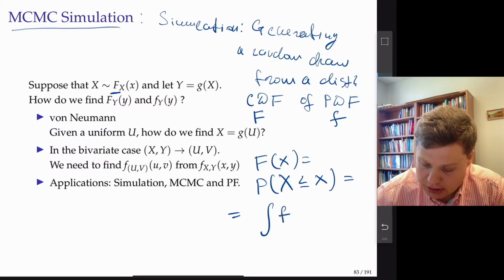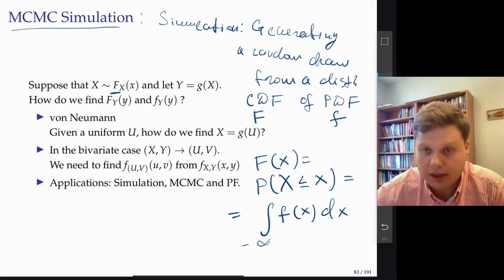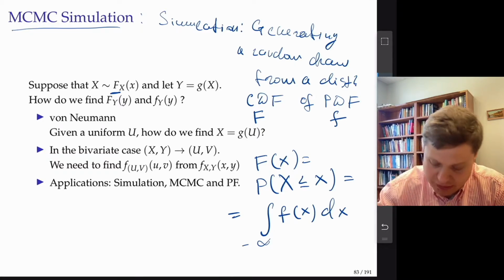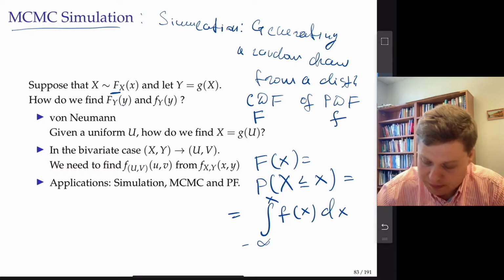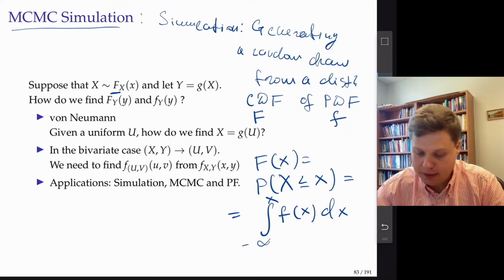So it's the density of x, and we integrate x out, and x goes from minus infinity, and let's say this is a random variable that is defined everywhere on the real line, minus infinity to small x. Okay.